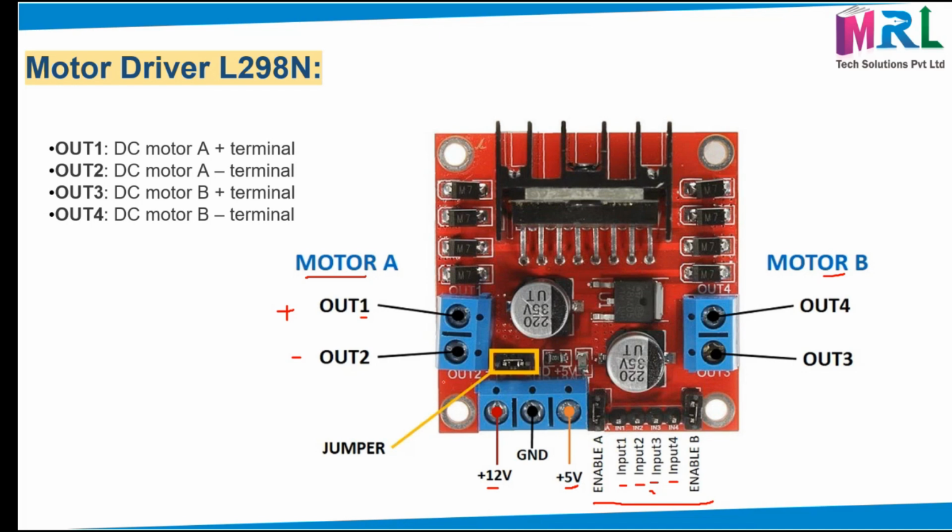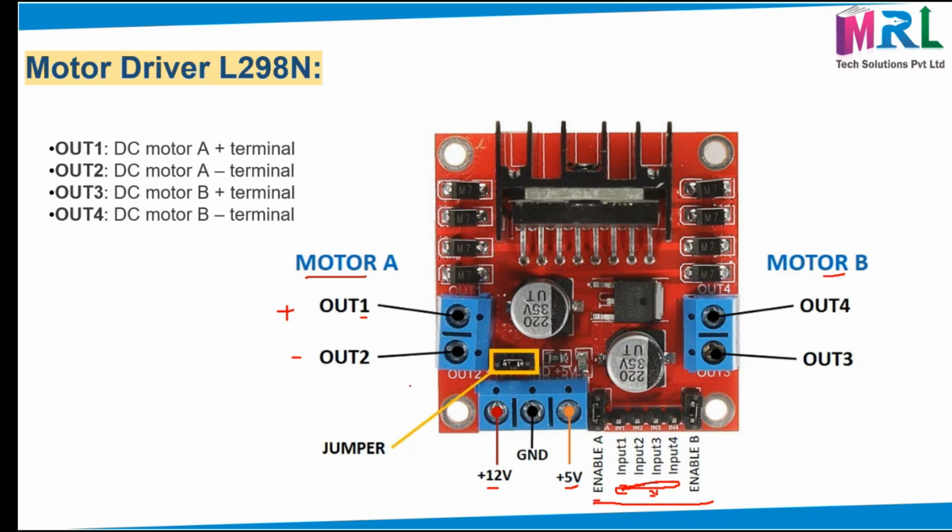Based on these inputs only, your motor will move forward, backward, left or right. This is what we are going to program: which one to 1, which one to 0, which one high, which one low. We will program these 4 pins, and based on this your motor will move in all 4 directions. So these are the control pins.